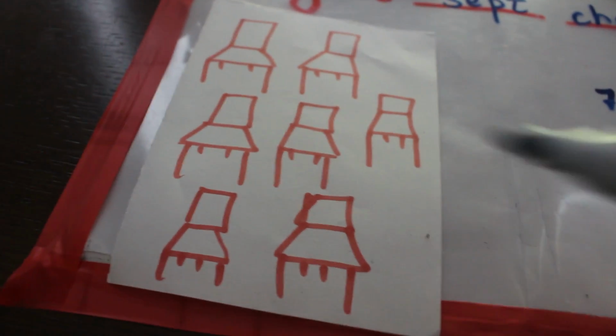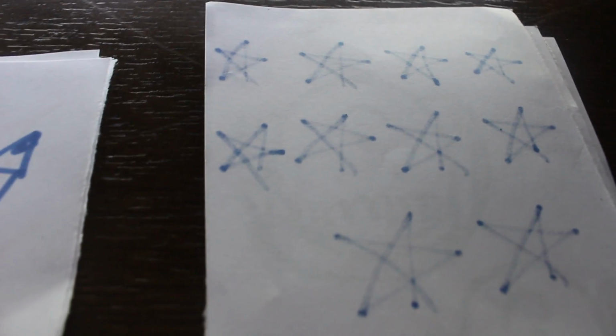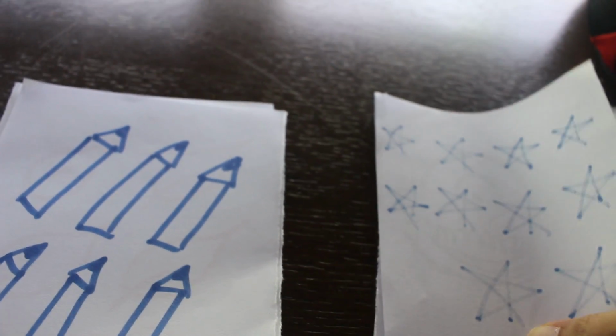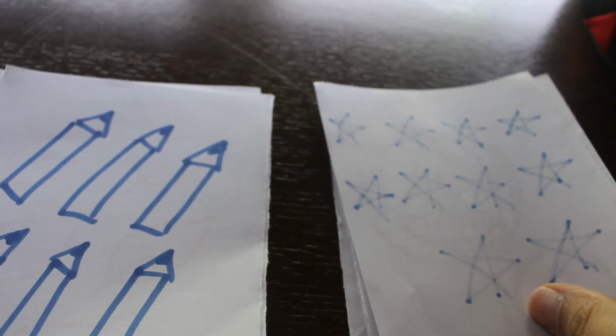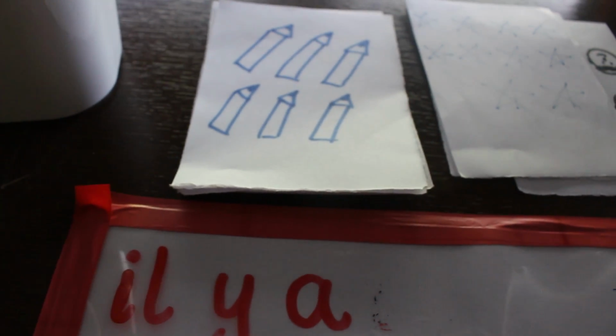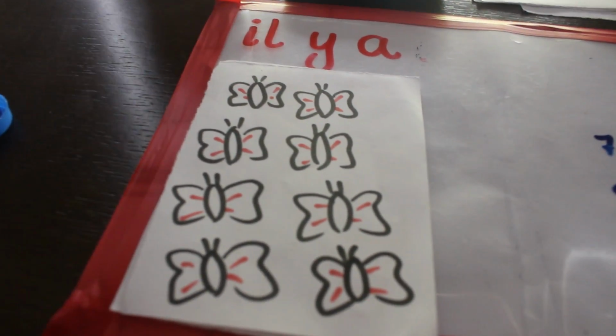Wheat. So now il y a 7 chaises, but let's see what next do we have. Do we have chaises or not? No, these are not chaises. Let's see. Voila. Okay, what do we have now?